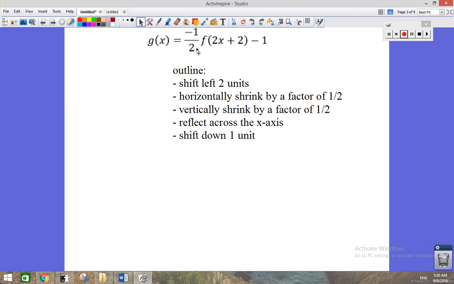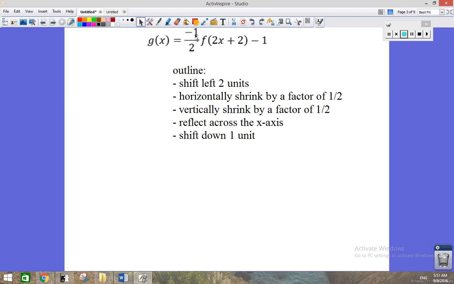If we go outside now, we're affecting the output of the function. If we look at this 1/2, ignoring that negative sign for just a moment, that's going to be a vertical shrink by a factor of 1/2. Outside of the parentheses, it's normal in its behavior. If you multiply by 1/2, you would expect to divide by 2.